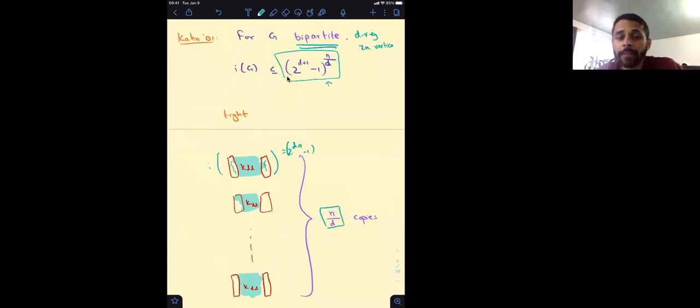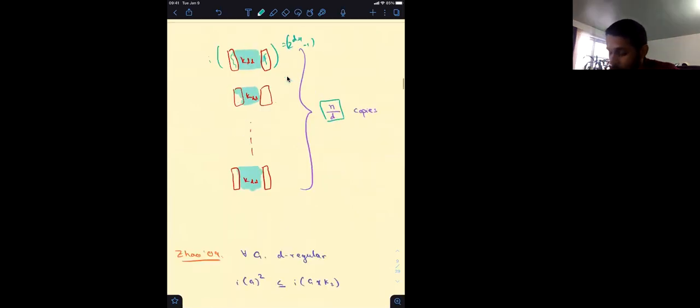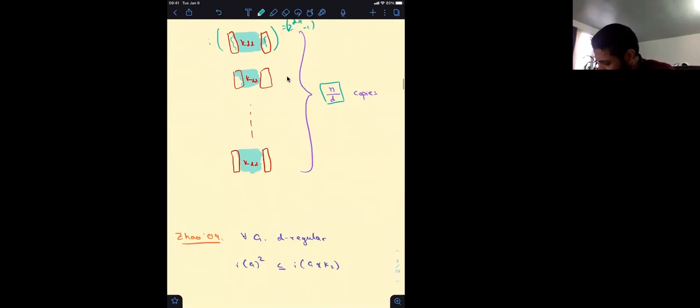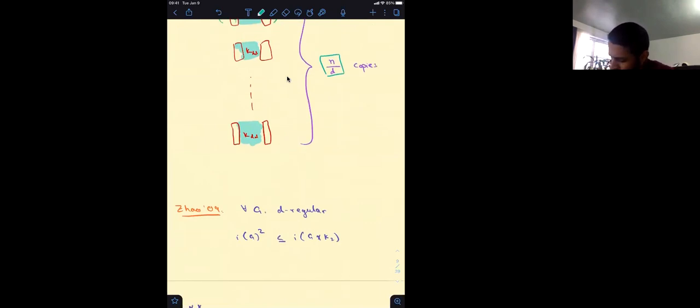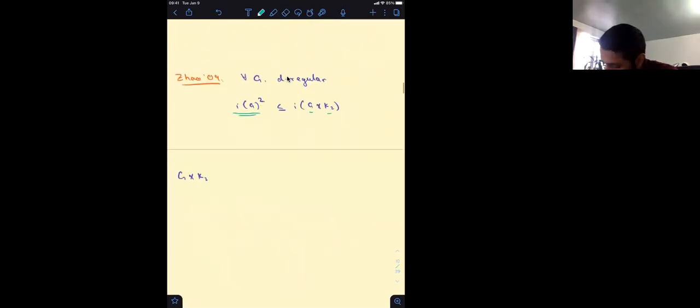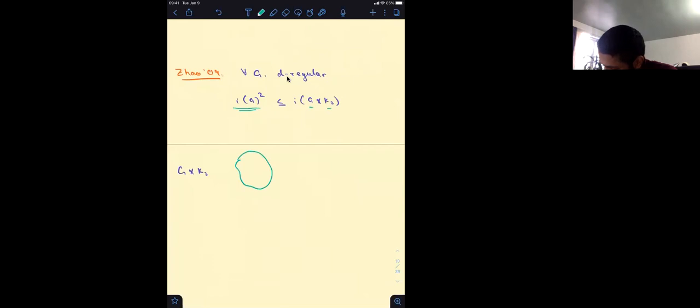So for bipartite graphs, we know the tight example, and Kahn actually conjectured that this should hold for every graph. For every graph, the number of independent sets is also at most this quantity. This was proved around 10 years later by Zhao, who proved it in a very general form, which says that for every d-regular G, the number of independent sets in G squared is at most the number of independent sets in G cross K2. So what does this mean? What is G cross K2? Here is G and here is K2, which is just the complete graph on 2 vertices.